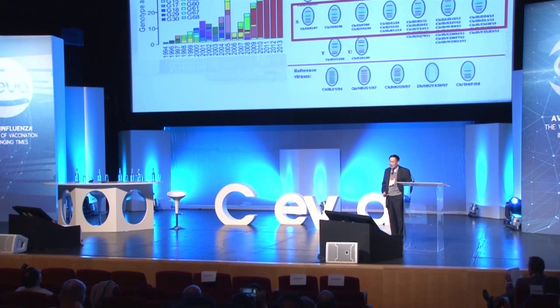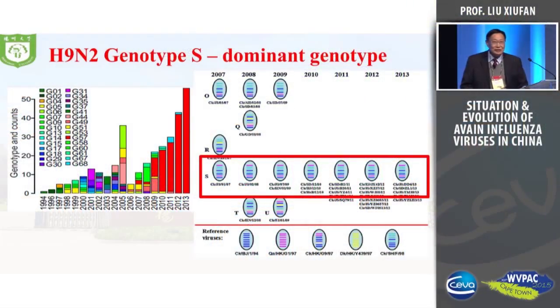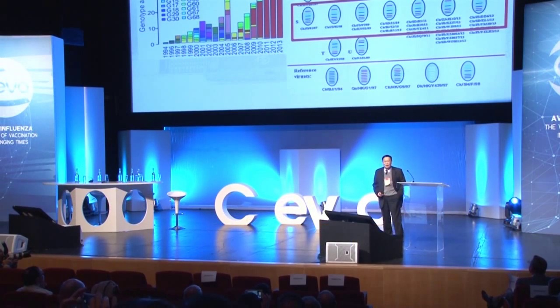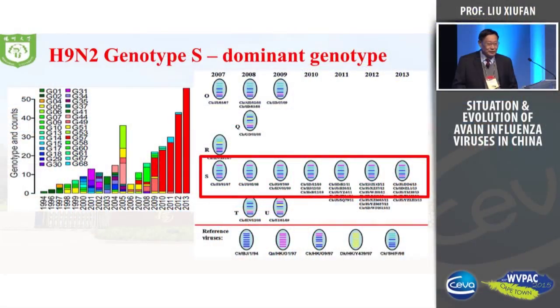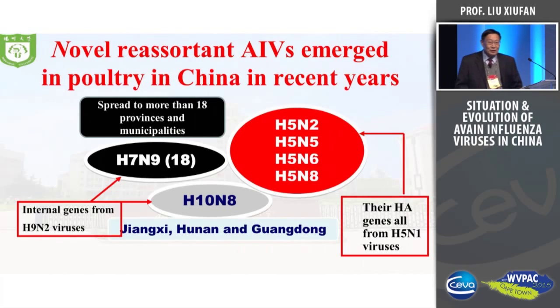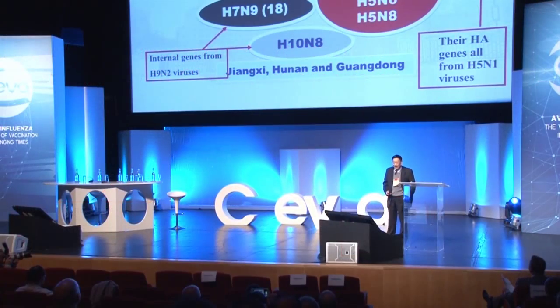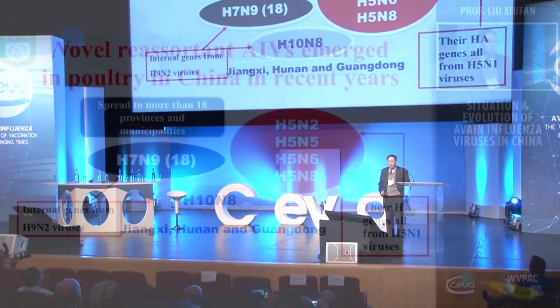But one special kind of genotype, we call it genotype S or G57, appeared in 2007 and has become overwhelmingly dominant since 2010. This virus genotype is in the red square here. So this special genotype of H9N2 virus acts as the gene donor to generate novel reassortant viruses.